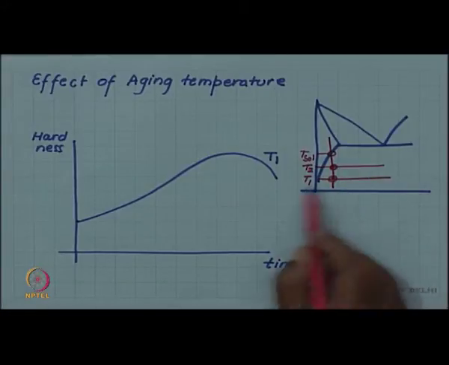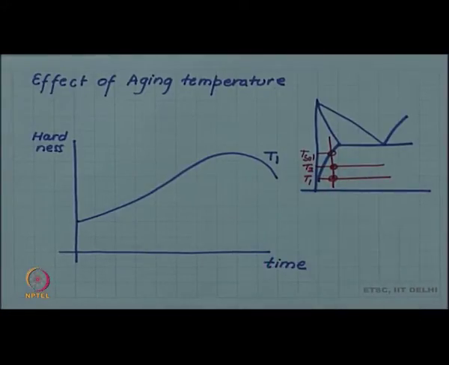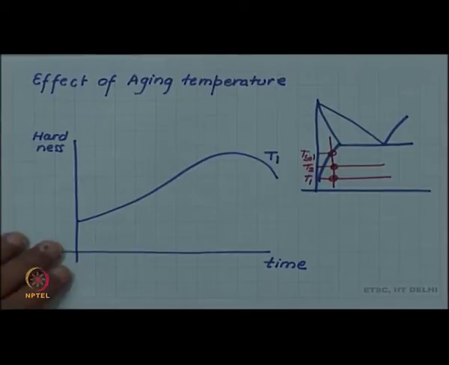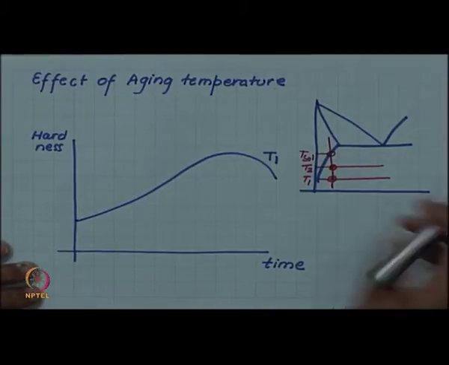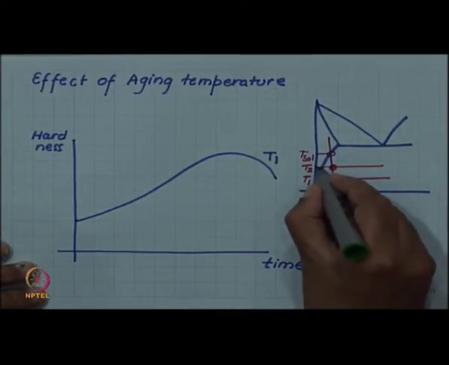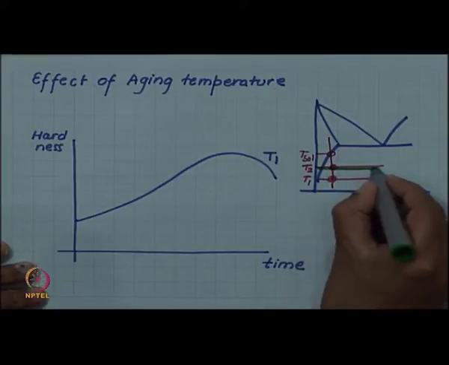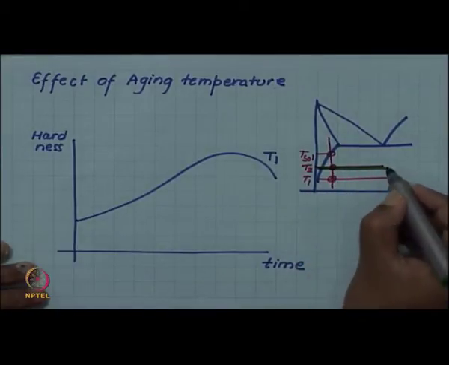So, suppose I did the aging at temperature T1 and got this curve. What will be the effect on the aging curve if I age at a higher temperature? What do we get? So, let us look at that. So, let us call this T2 temperature, the higher temperature.